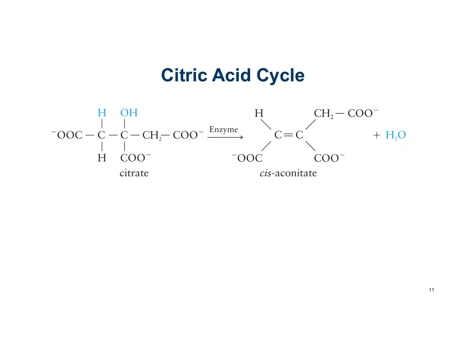We see it in the citric acid cycle, where citrate is dehydrated by an enzyme, and so the hydroxyl group here and the proton here go to form the water, and then a double bond is formed here. Now, one of the things that is interesting, or at least to me, is that the dehydration of citrate, 2-propanol, which we looked at on the previous slide, and 2-butanol, all involve exactly the same changes in bonding.